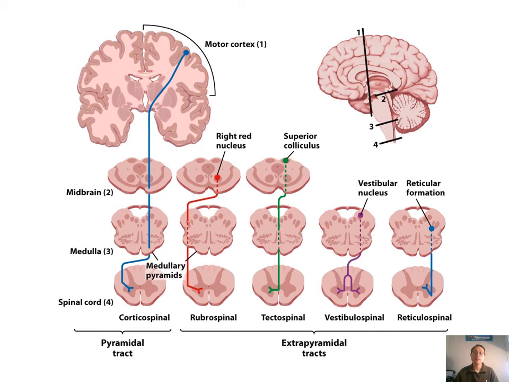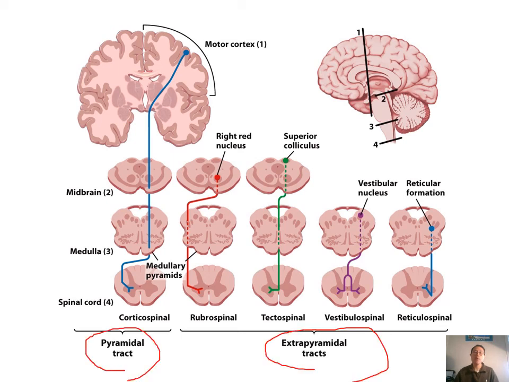Now let's talk about something that you are going to hear a lot later on if you become a motor expert, or when you become a neurologist: the pyramidal tract or extrapyramidal tract.